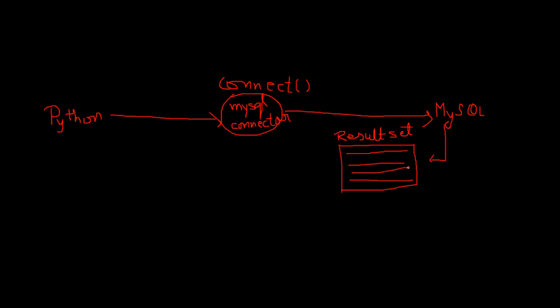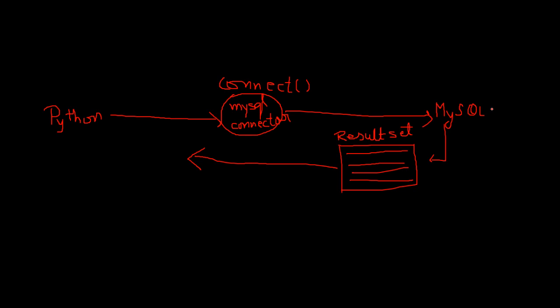When this result set comes to Python, Python wants to access all the records one by one. When you write the command select star from employee, MySQL copies all the employee records, whether 100 records or 200 records, it doesn't matter.